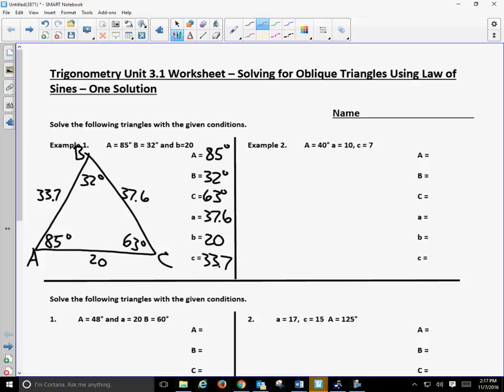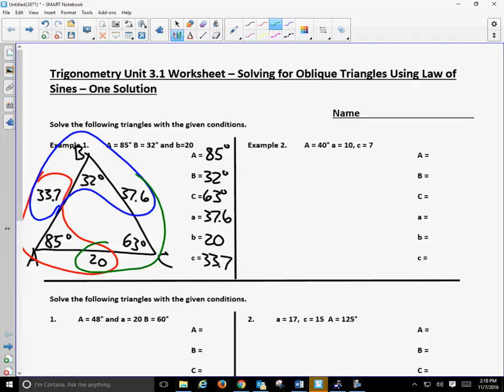This group right here, you are going to calculate the area, and you are going to use those three. This group right here, you are going to calculate the area, and you are going to use those three. You all over here, you are going to calculate the area, and you are going to use those three.